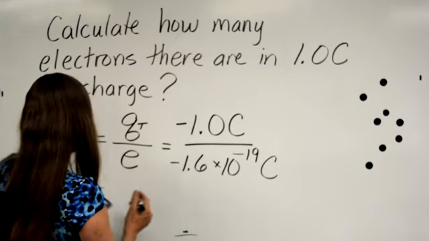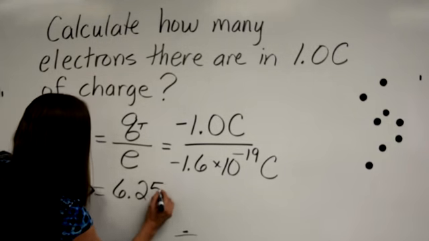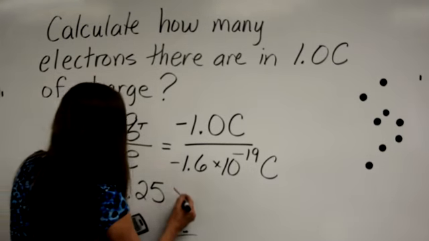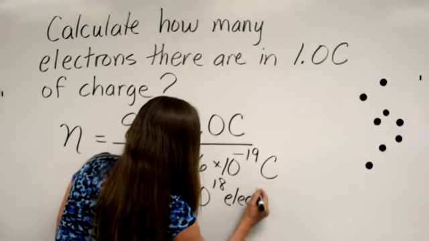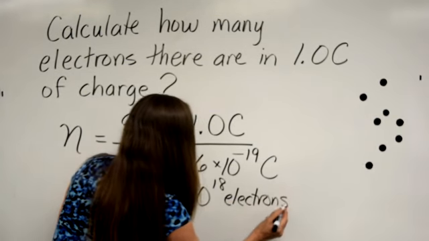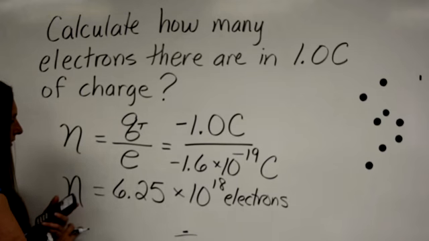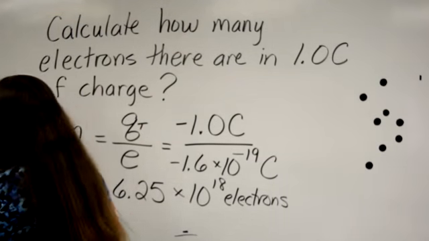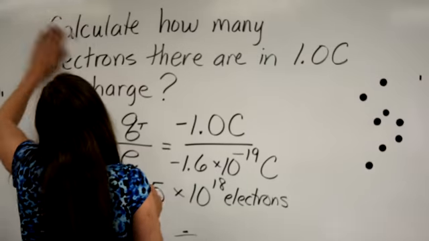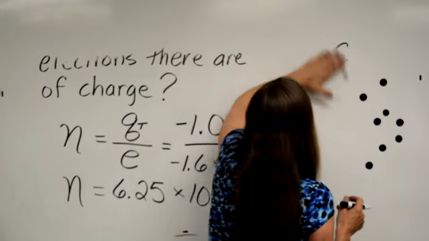And I get, wow, that is a big number. 6.25 times 10 to the 18th electrons. The number of electrons is huge. Let's see exactly how big that number is. How many electrons is that?